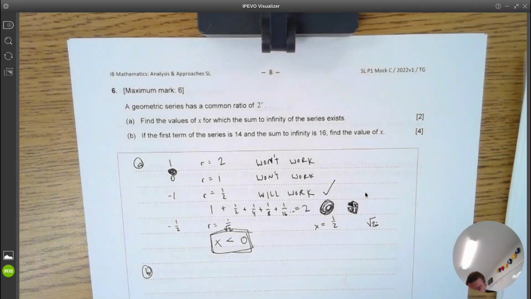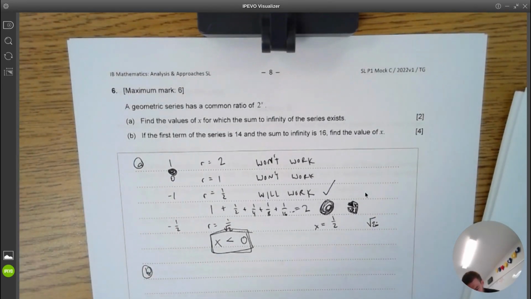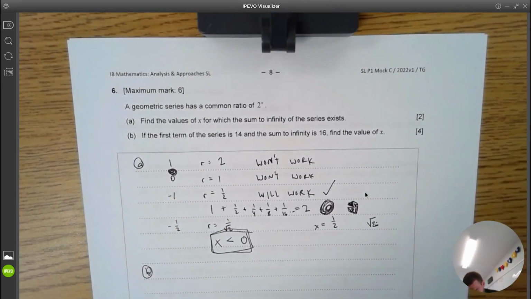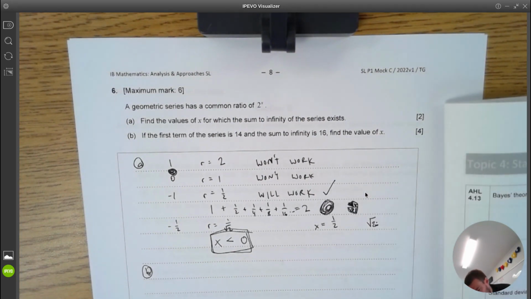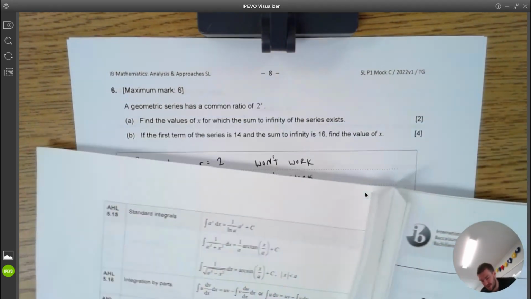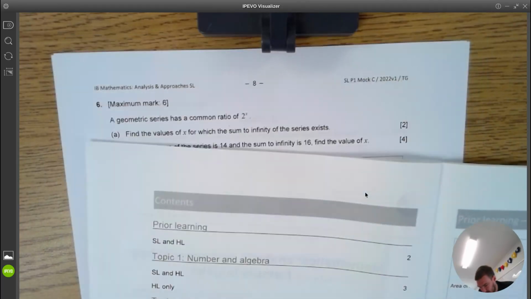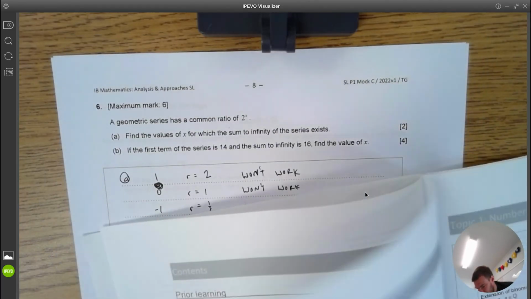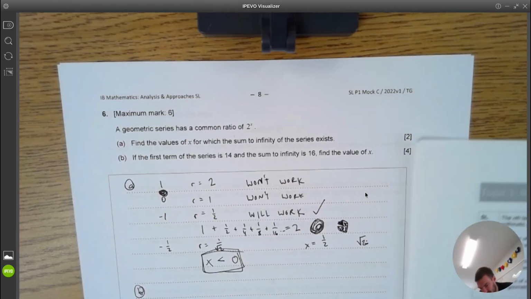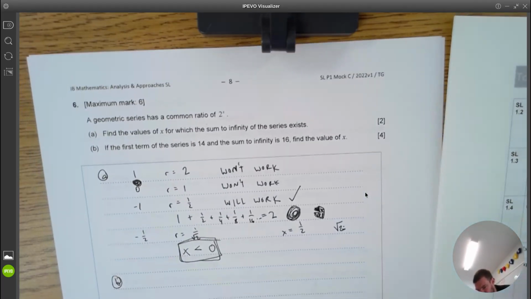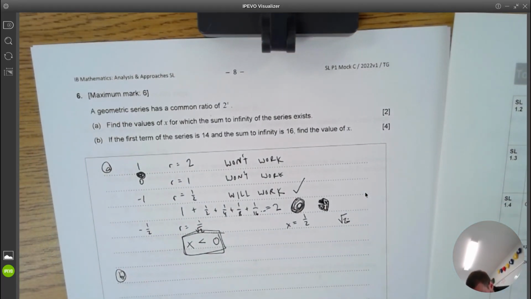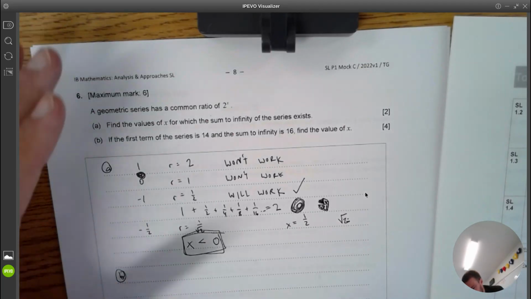All right, so we're going to want to use our formula here probably. Back in the first unit, the sum of the infinite geometric series.